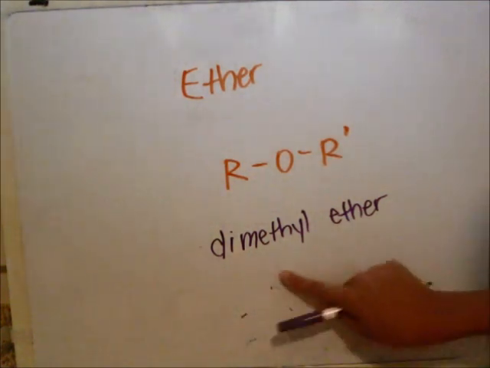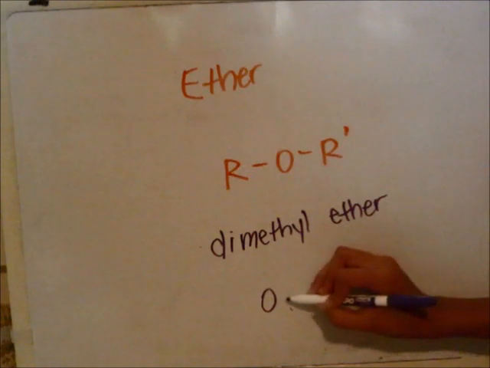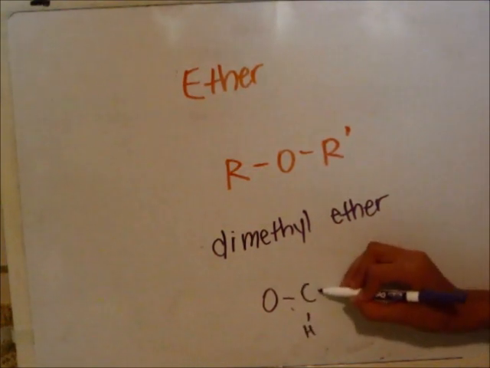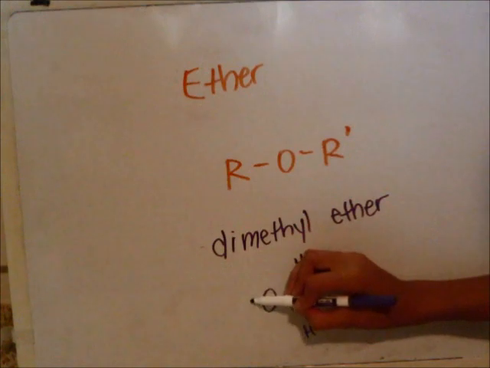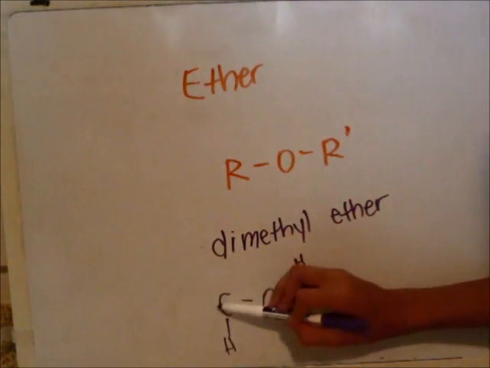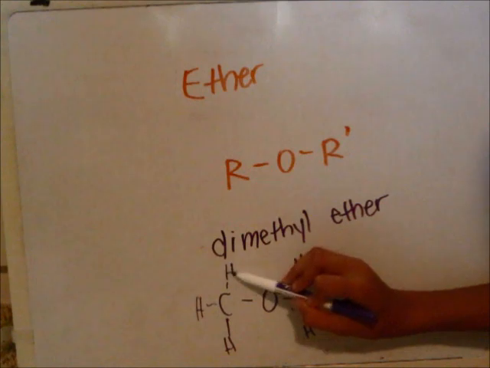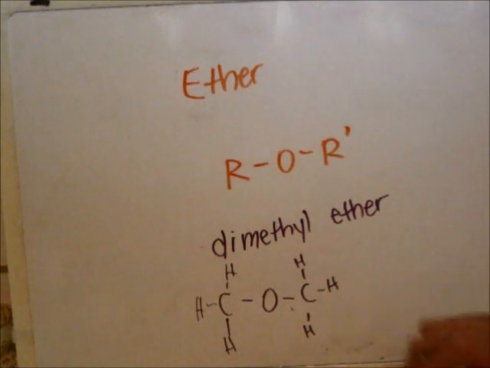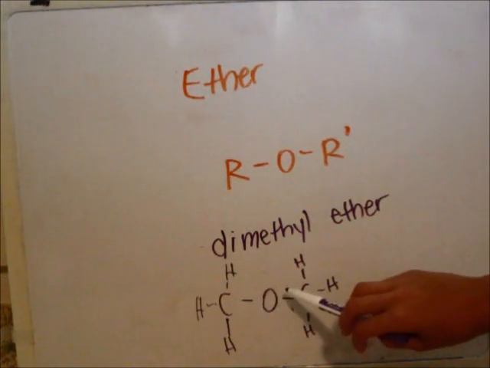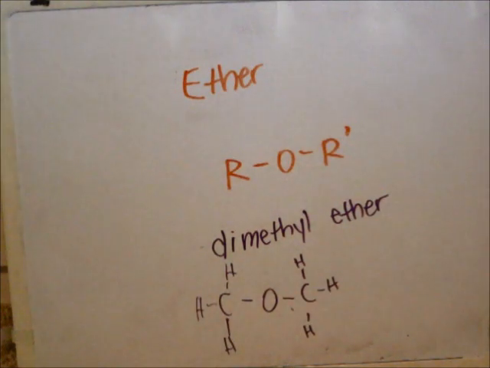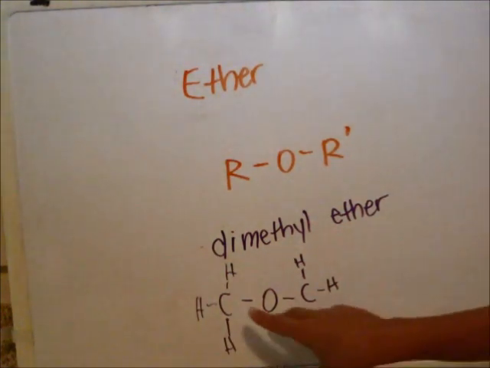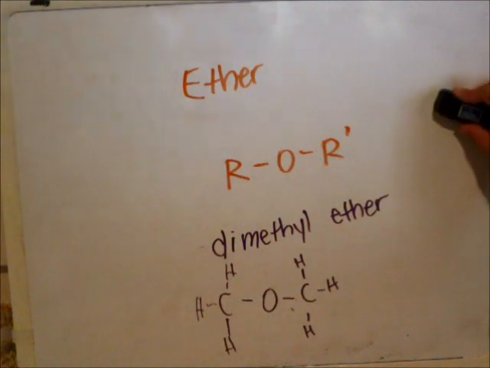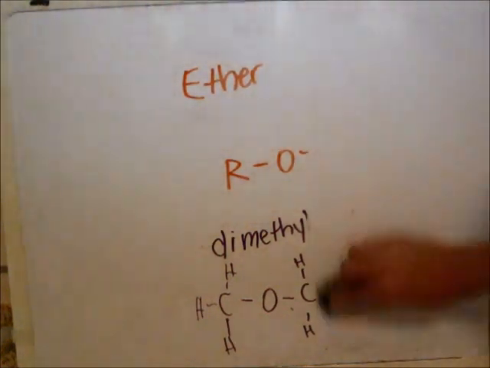Or we could draw it the other way, where we have the O attached to a carbon and its little hydrogen minions on one side, and a carbon and its little hydrogen minions on the other side. That's the same thing. And the reason why the oxygen doesn't have all four bonds is because it already has 6 valence electrons and it only needs 2. 1, 2. So that's why it's just hanging on by 2 bonds. So that's dimethyl ether. And that is it. Lastly, we just have to talk about the aromatics.